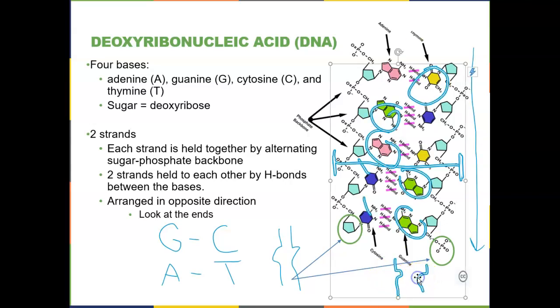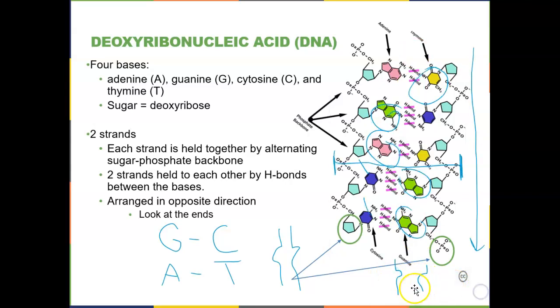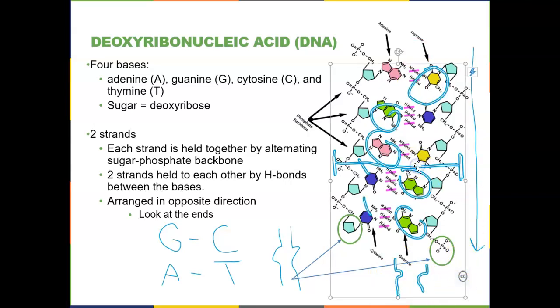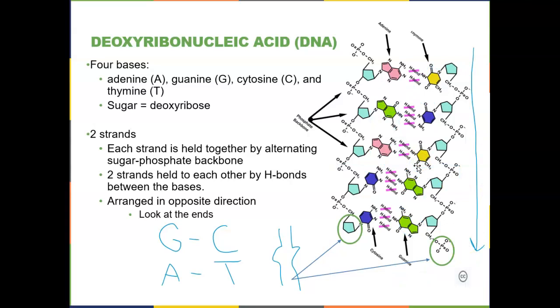The other thing that I want you to notice, whoops, I almost deleted the whole picture, is that the 2 strands are oriented in opposite directions. So if you look here at the bottom of this strand, it is the sugar of this nucleotide that is sticking out, and the phosphate that is associated with this nucleotide is here.